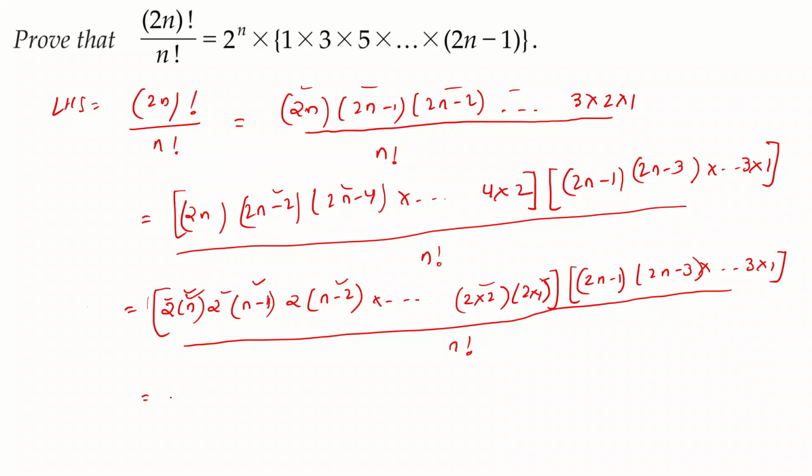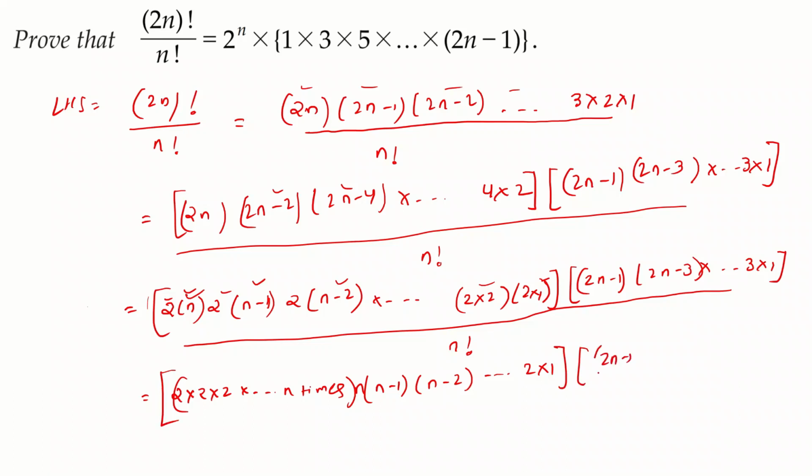So we have 2 times 2 times 2, n times. Then whatever is left, I keep in a separate bracket. Sorry, I missed out n over here: n, n minus 1, n minus 2 all the way up to 3, 2 and 1. And then again I don't touch the second bracket, 1 times 3 times 5 up to 2n minus 1, whole divided by n factorial.